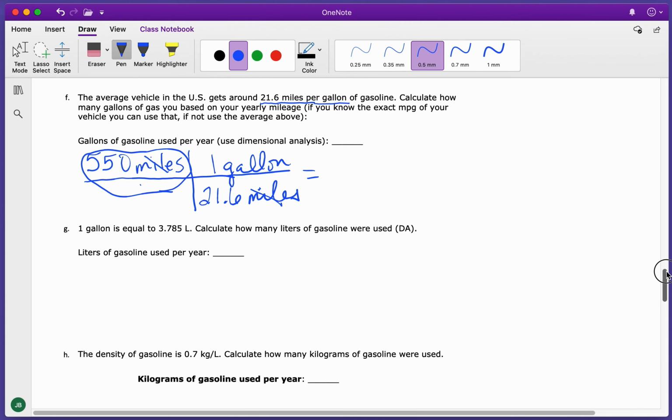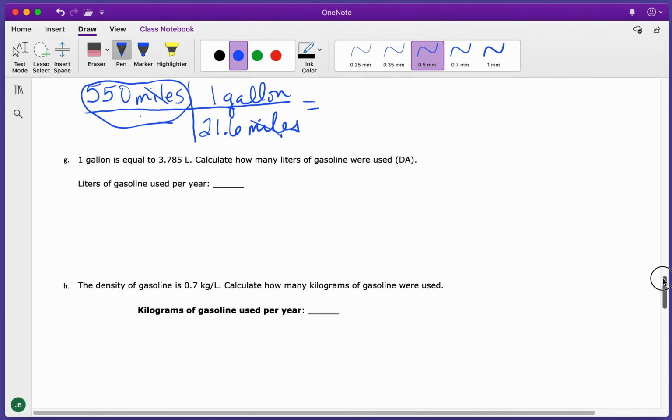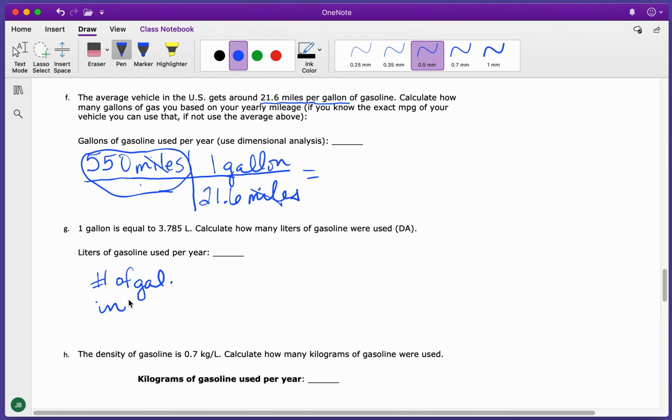So from here, you solve for your gallons. Then from here, you're going to take that number of gallons, the number of gallons in part F. And once again, here's your next conversion factor.